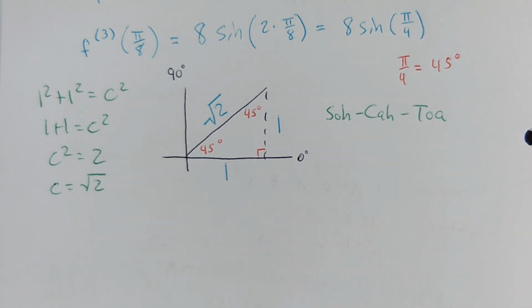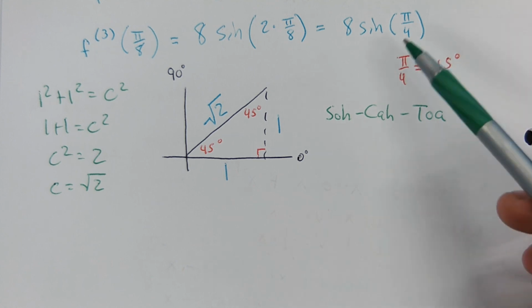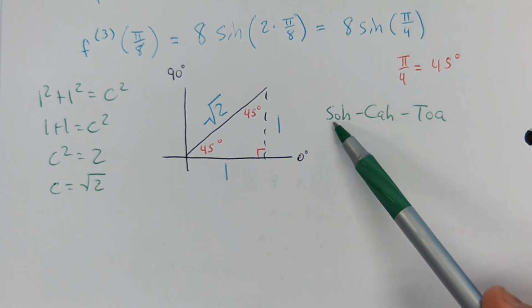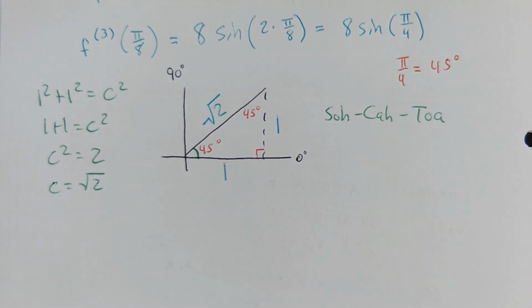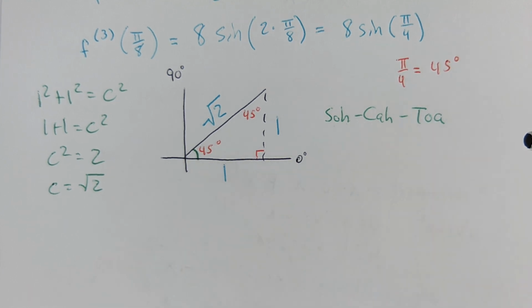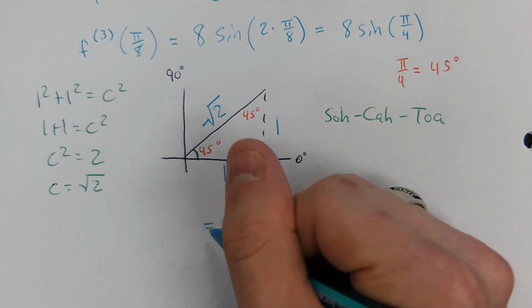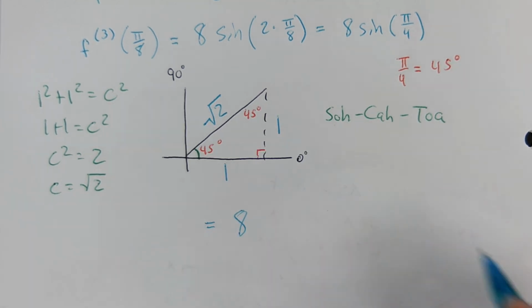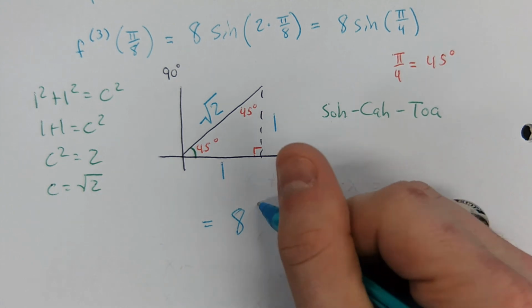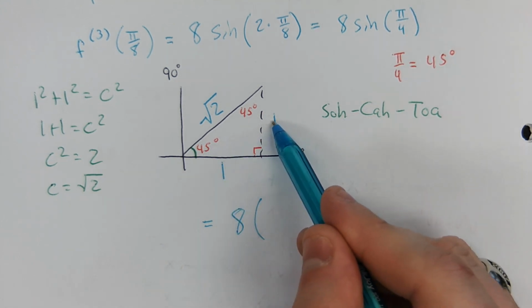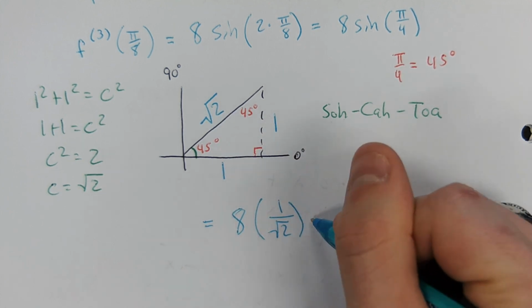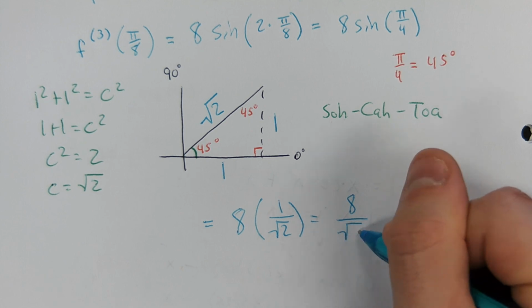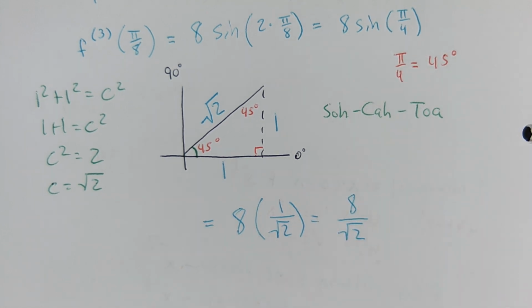SOHCAHTOA: sine, cosine, tangent. Sine uses the opposite side and the hypotenuse. You're always at the angle that's at the origin, nowhere else. So what we have is 8 times opposite over hypotenuse. That's 8 over root 2.